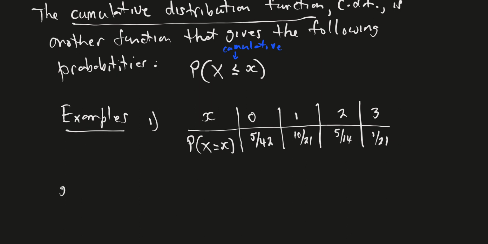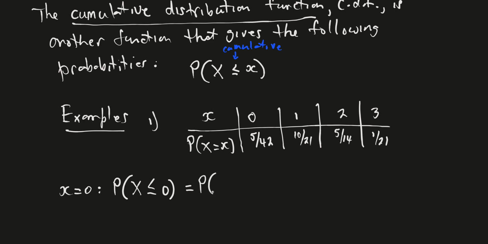So let's start with x equals 0. If I plug my 0 in for my little x, it looks like this. Okay, what's the probability that x is less than or equal to 0? Well, x can't be negative in this case. So in fact, let me break it up into two disjoint pieces.